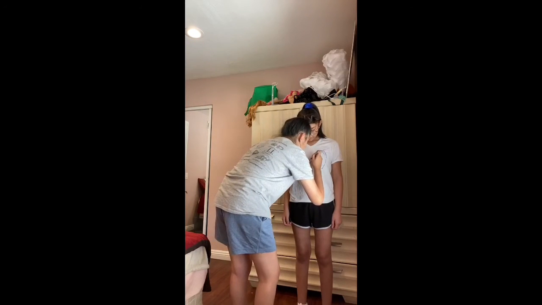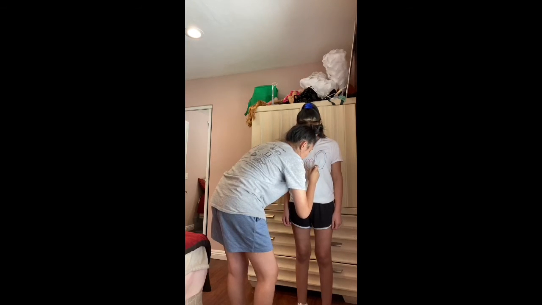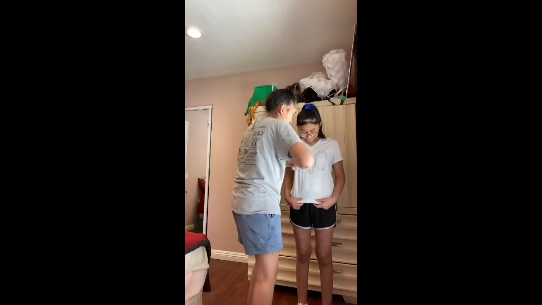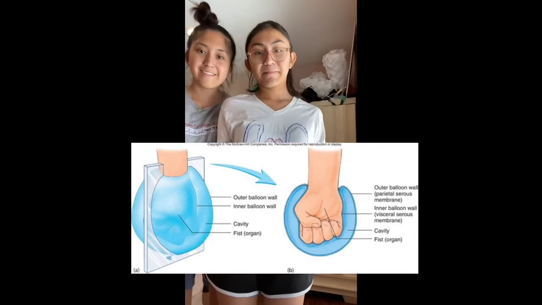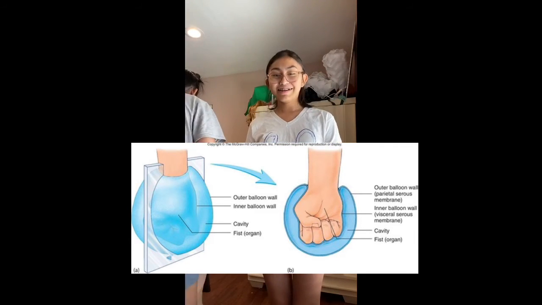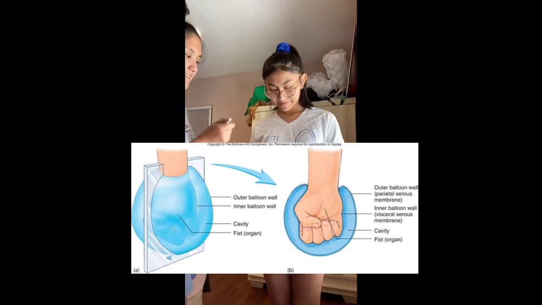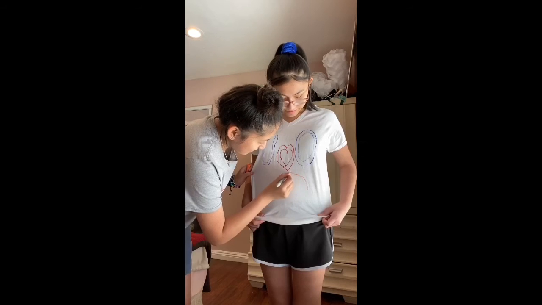Also, the serous fluid is between the visceral serous membrane and the parietal serous membrane. The visceral serous membrane is a serous membrane that covers the surface of an organ, while the parietal serous membrane covers the inner body wall.